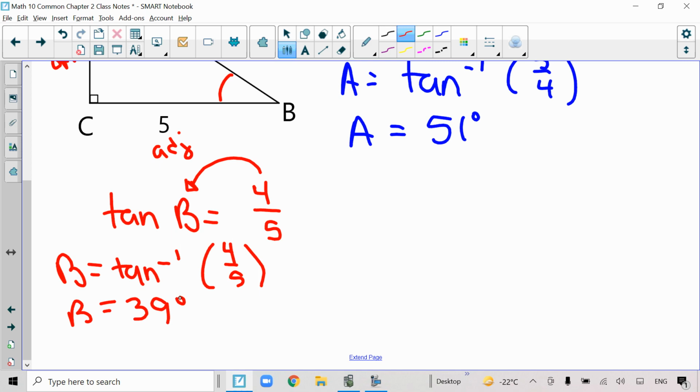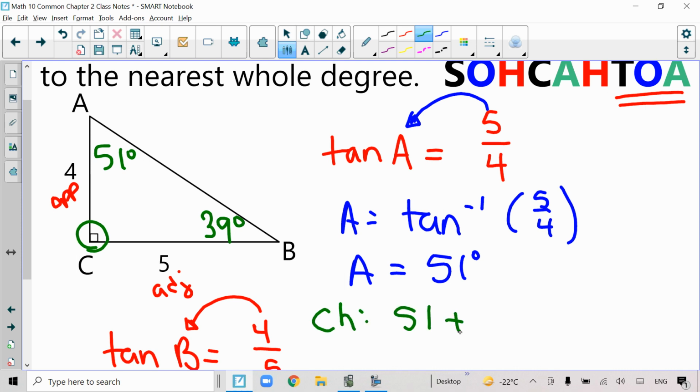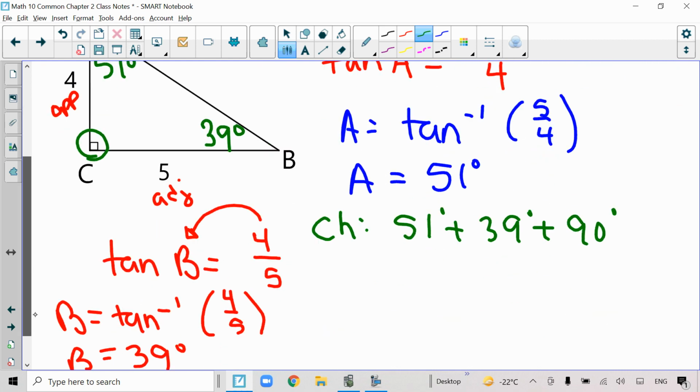Now, if I go back up into my triangle, here's how I can check to see if I'm right. I found that this angle here was 51 degrees. This one was 39 degrees, and then I have a 90-degree angle. So here's how I can check to see if my answers are reasonable. 51 plus 39 plus 90. What do all the angles in a triangle add up to?